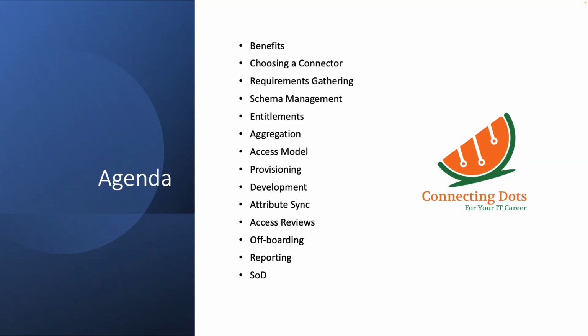Not every attribute you can understand. Attributes will be different. Let's say you are calling it department in the HR system. Maybe at the application side it is region, not department. Who knows? So you need to talk to them to understand each and every attribute and what the values are. Not every attribute can be read directly from the HR system, right? Like identity attributes, you might need to write some custom code to generate the values.